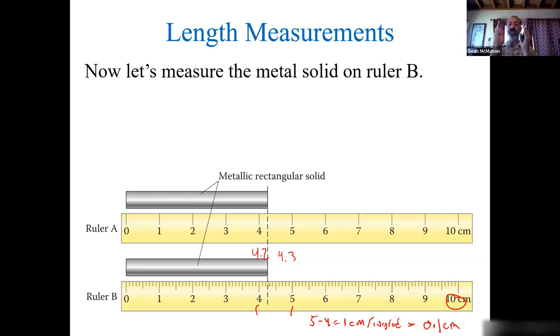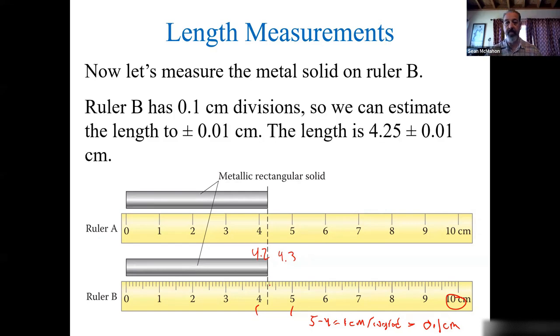Because the graduations are to the tenths, my estimate goes 1 over and it goes to the hundredths. So I might say this measurement is greater than 4.2, but less than 4.3. The graduations are to the tenths, I go 1 over to the hundredths, it's 4.25.